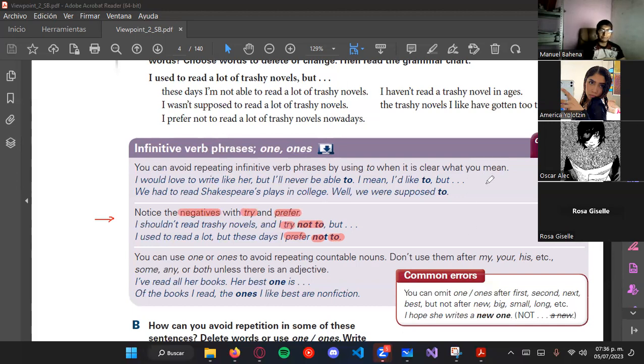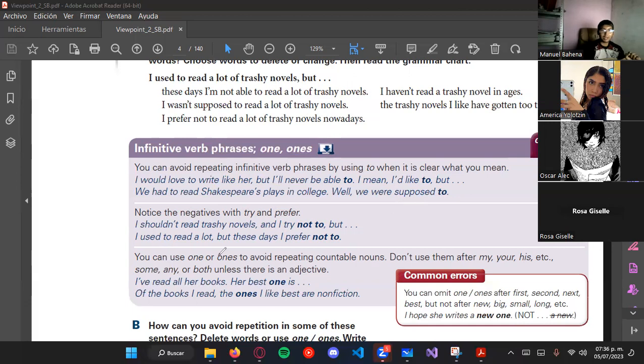Chicos, ¿todo bien aquí? Any questions with this rule, with rule number 2? No? Okay, the rest of you, los demás? No, teacher. Okay, excellent. So we move on to our last one.